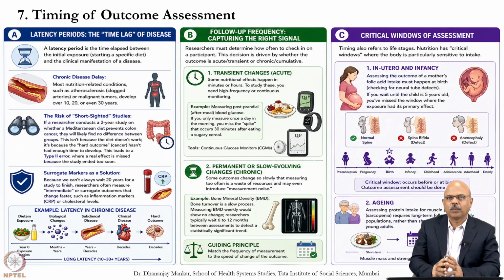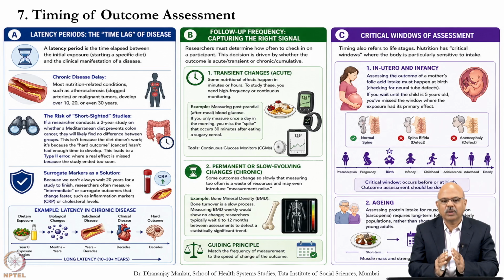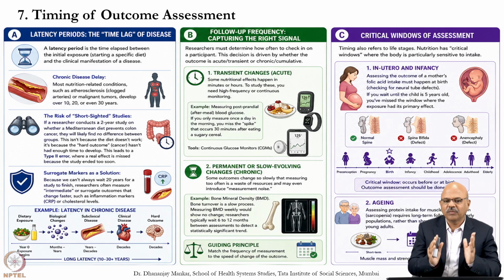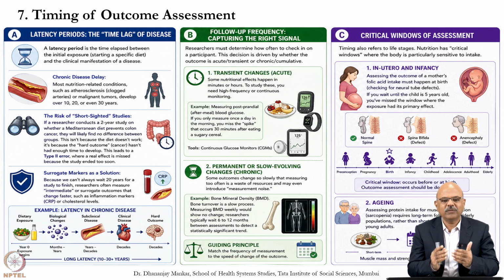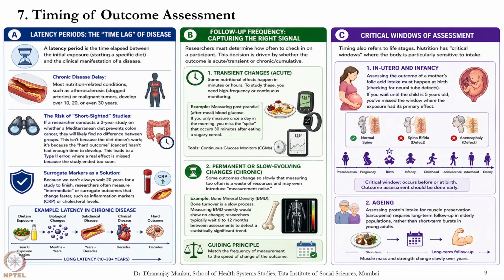For example, bone mineral density, BMD, is tested, and bone turnover is a slow process. Measuring BMD weekly would show no change. Researchers typically wait 6 to 12 months between assessments to detect a statistically significant trend.